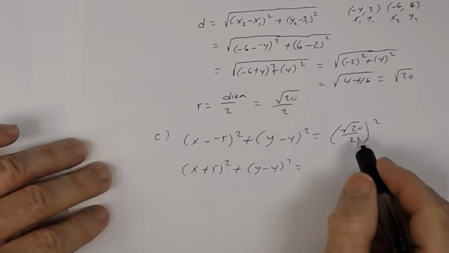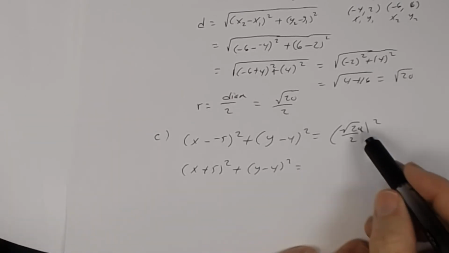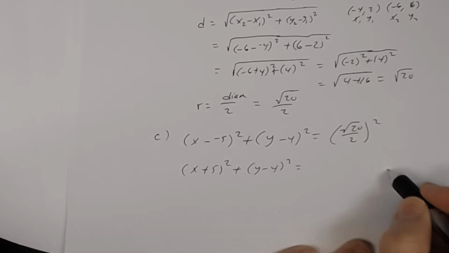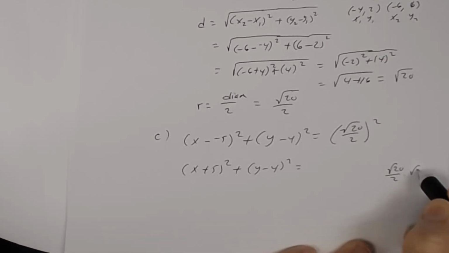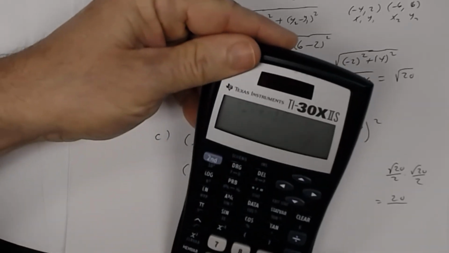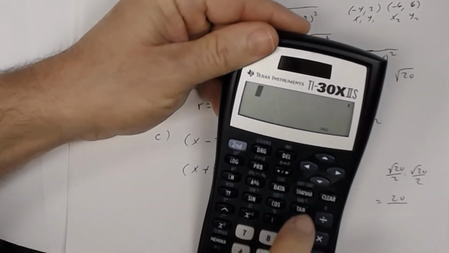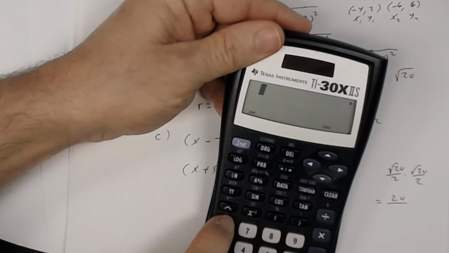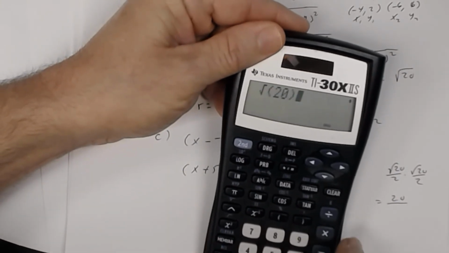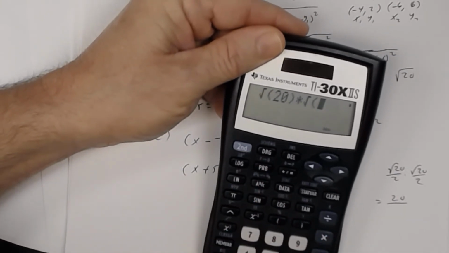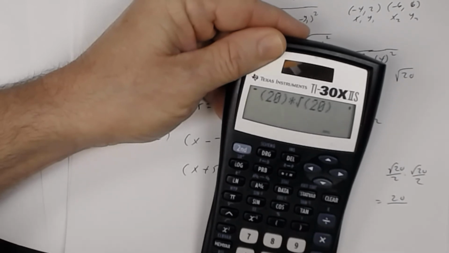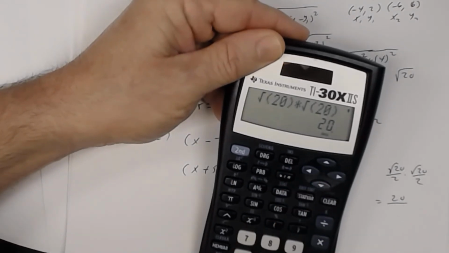You have to determine what this is, so you've got to simplify this. This means the square root of 20 divided by 2 times itself, right? Well, the square root of 20 times the square root of 20 is 20. Use your calculator: the square root of 20 times the square root of 20 is the square root of 400, but that gives you 20, correct?